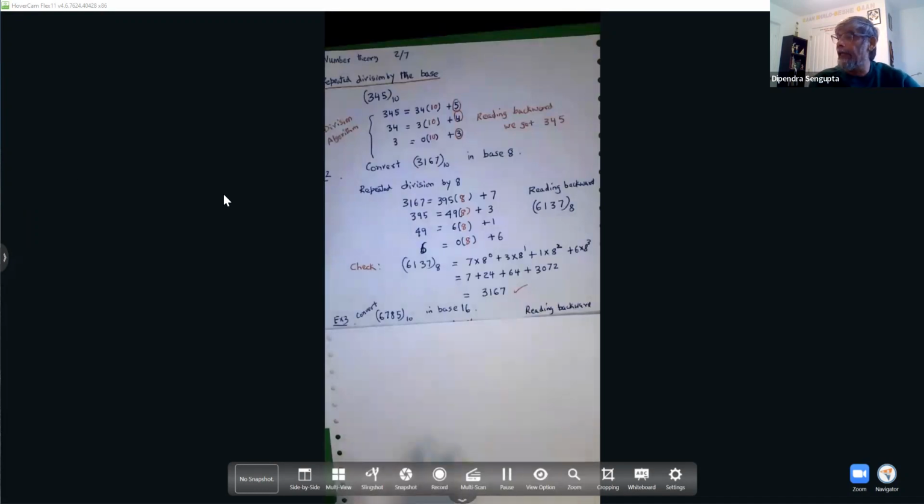So now can I convert this into base 16? The idea is the same. It will be repeated division by 16. Let's do that on your paper, and you can show me the paper in your camera. Instead of telling me what you got, just show me the paper.